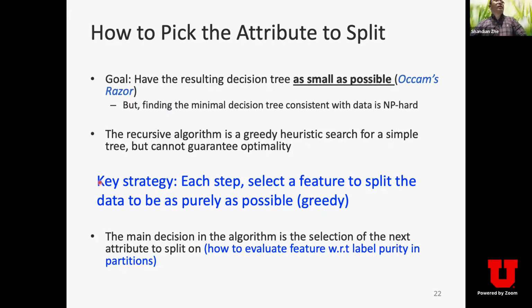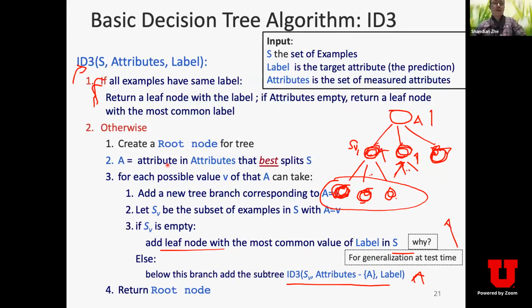So now it's clear that our ID3 algorithm follows this greedy heuristic, right? If you look at the algorithm steps, we just do it step by step. Every time we fix the attributes that have been used before, and among the remaining, currently available attributes, we pick the best attribute.